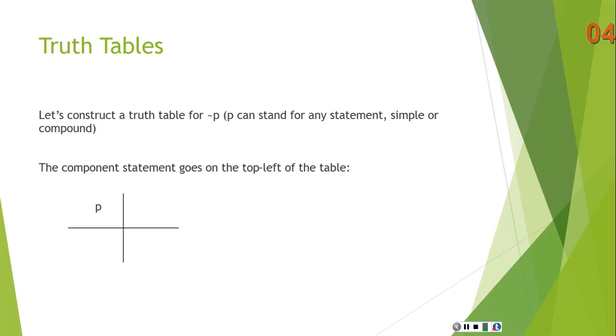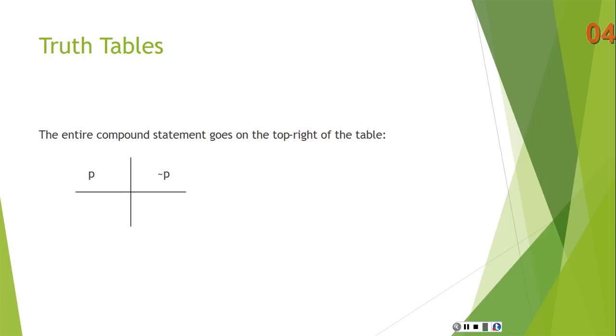So the component statement is P. It just means that it's the simple statement that appears within the compound statement. The entire compound statement goes on the top right of the table. So not P goes on the top right, and the simple statement that is part of the compound statement goes on the top left.